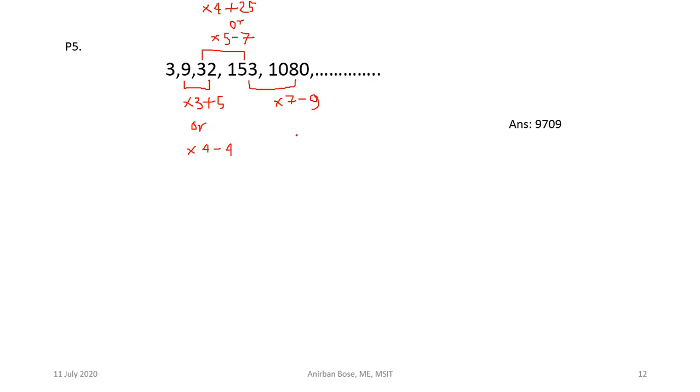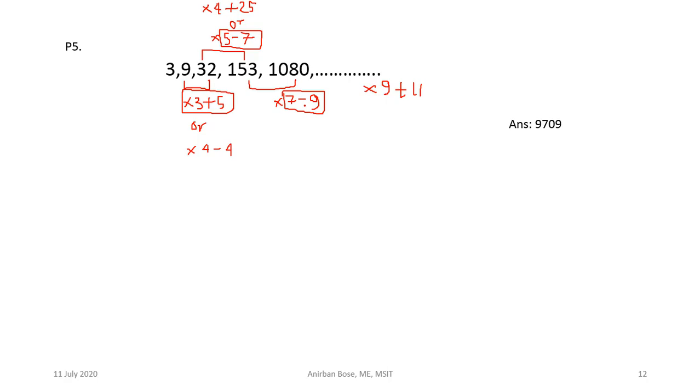Okay, so which one is giving the right relationship? You see, multiplied by 3 plus 5, multiplied by 5 minus 7, multiplied by 7 minus 9. So expected multiplied by 9 plus 11 will be the answer.